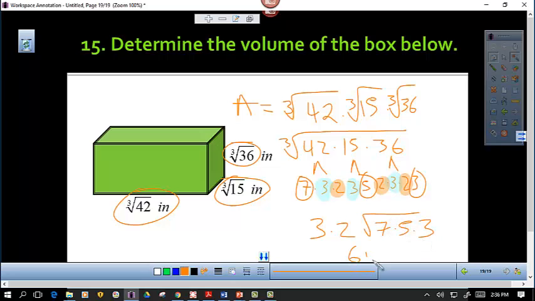I'm going to be left with 6, and 7 times 5 times 3 gives you 105. And don't forget the index of 3 at the end, so it matches what you started with. And don't forget, one of the things I should have done is write inches cubed, and in the previous one it should have been centimeters squared.